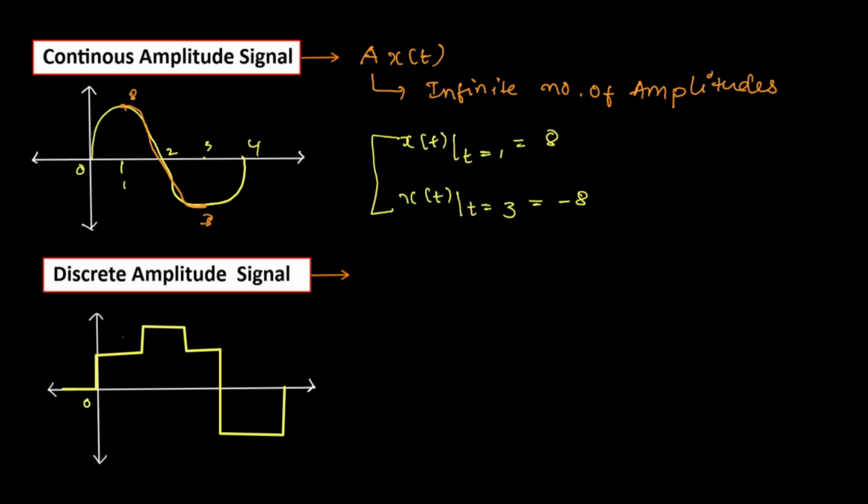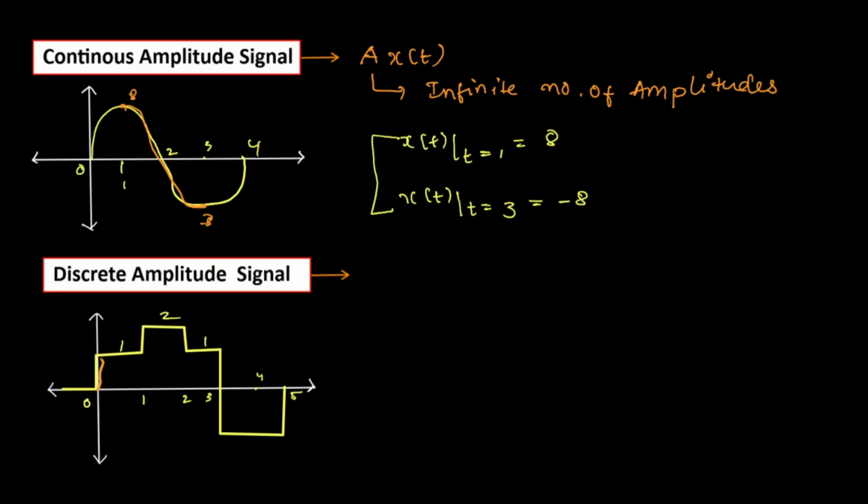Here let this one be 0, and this will be amplitude 1. This is 1, 2, 3, 4, and this one will be 5. Let us take here 4.